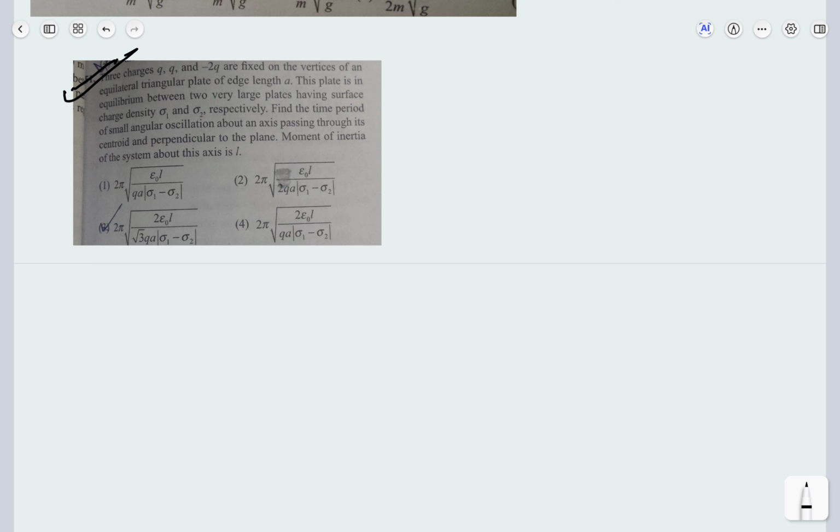So basically, in this question, we've been given that the system looks like this. There's this triangle arrangement.